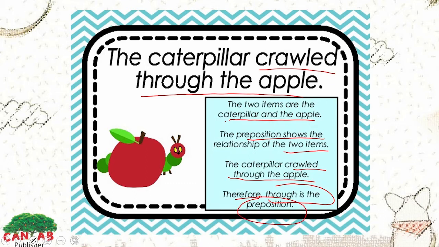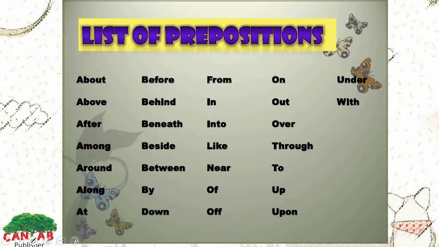You can see the caterpillar crawled through the apple. दूसरी साइड पर है एप्पल के. तो यहां आपका जो थ्रू है वो क्या है? preposition है. Yes.